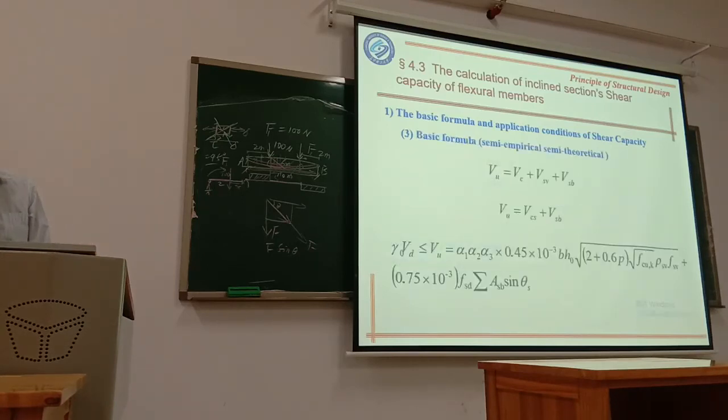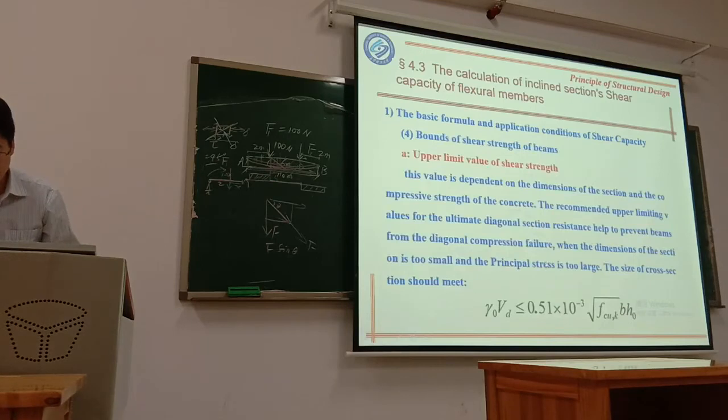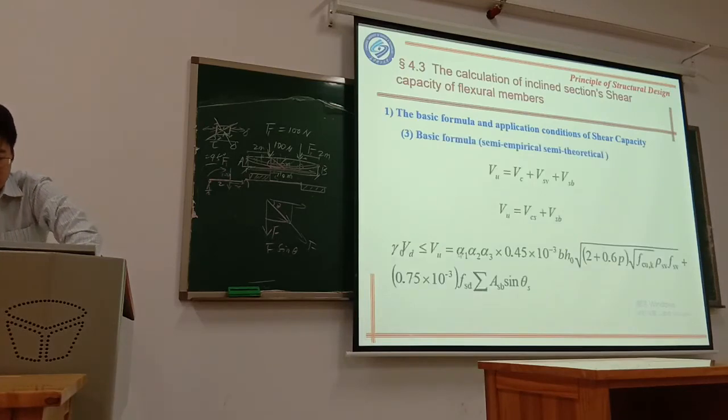So in this equation we get fsd Asb sin theta, because in this equation we consider the shear force. So this is the basic equation we need to calculate the shear force.